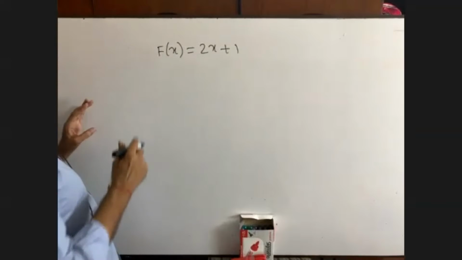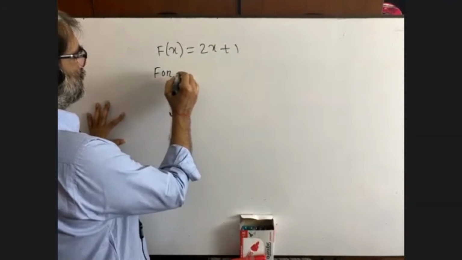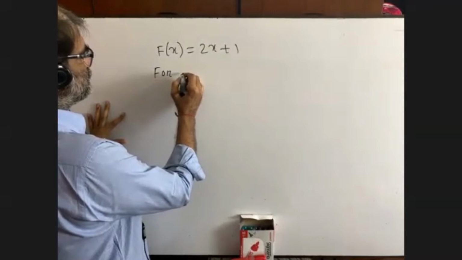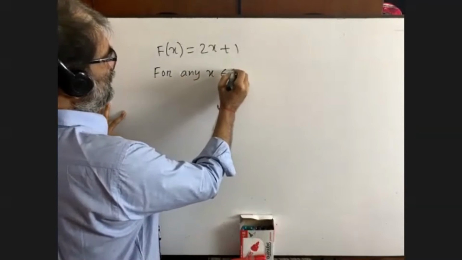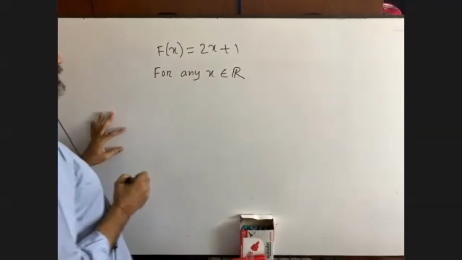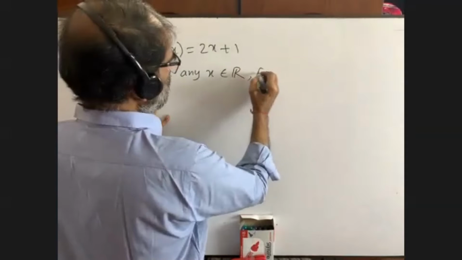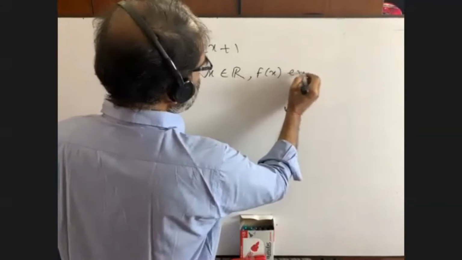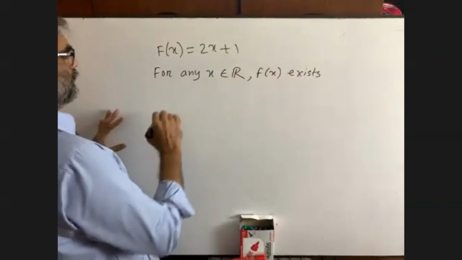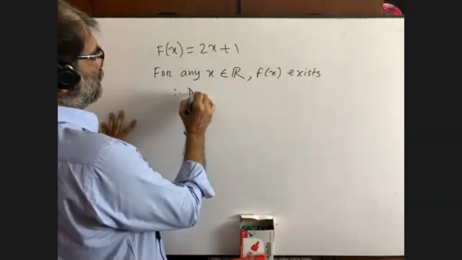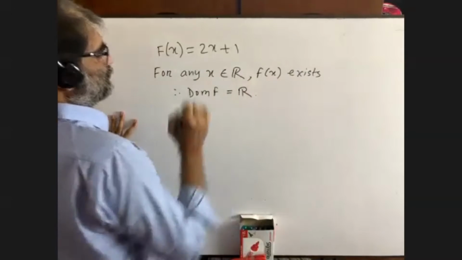Write down, at first, for x belongs to R, f of x exists. Therefore, domain equals R. This is our first condition.